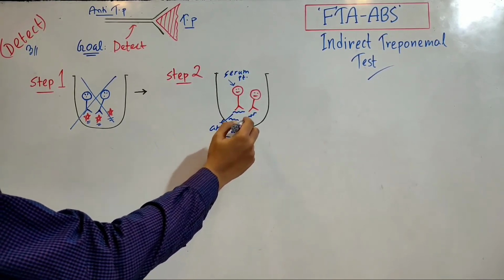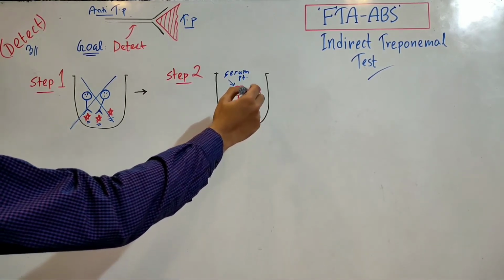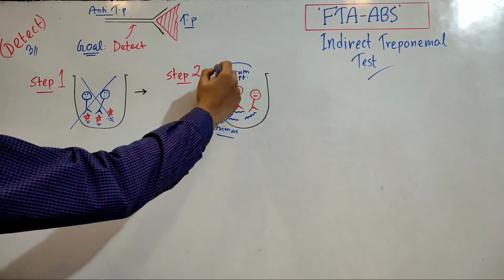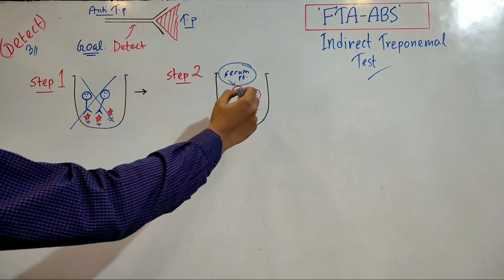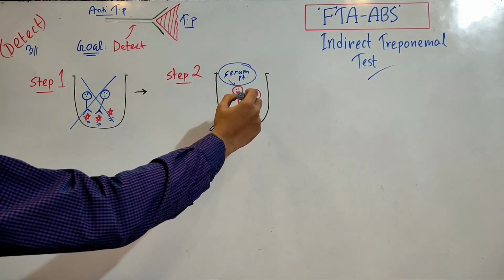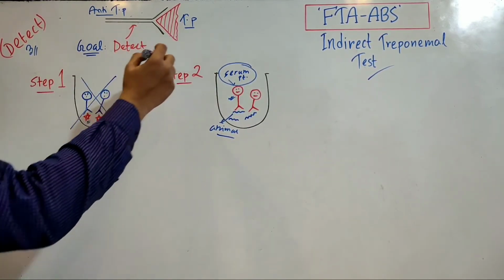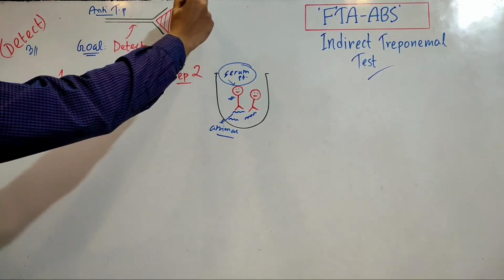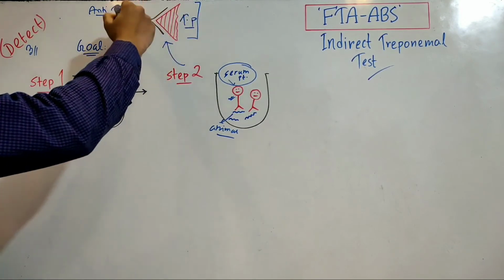So these animal sourced Treponema pallidum antigens will get to react with the main type of antibody if only the patient is infected with syphilis. That means the patient has anti-Treponema pallidum antibodies that are our main antibodies. So that's step 2. So from step 2, we got this antibody-antigen complex provided that the patient was infected with syphilis. Now, how do we detect?